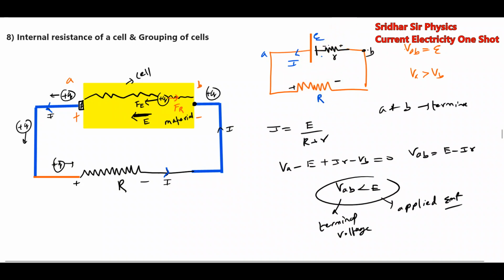So like this we'll define the efficiency of a cell. How do you define efficiency? Useful output power by total input power.